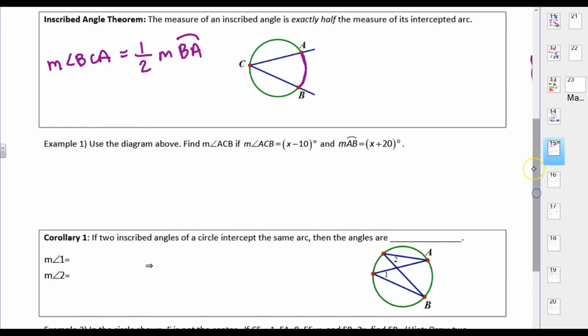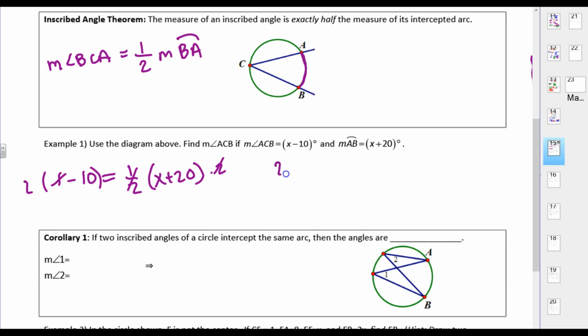So using the diagram above, if I want to find ACB, and I know that ACB is x minus 10, that has to be equal to half of arc AB, which is x plus 20. To solve this, I'm going to multiply both sides by 2 to kill that fraction.